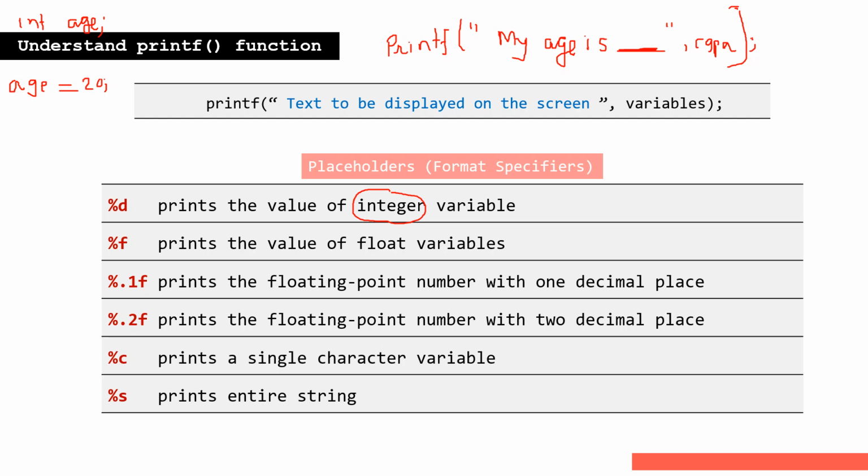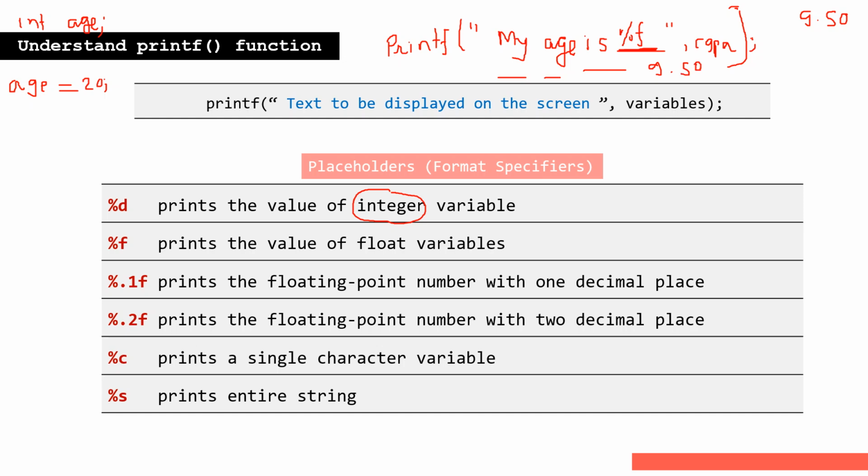So here for float type data you will write %f in the blank space provided. So it will ultimately print my age is, suppose the CGPA value is 9.50 for example, so it will print 9.50 on the screen.